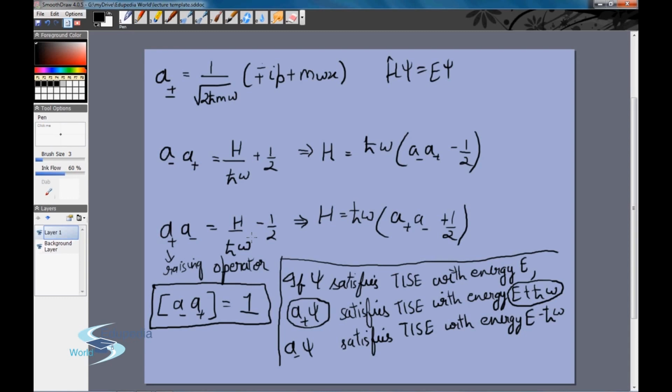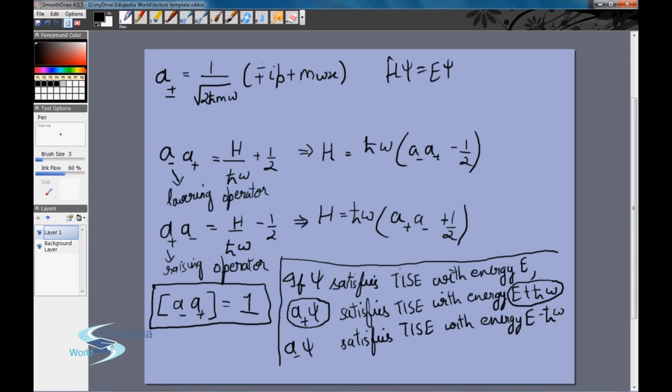So by some method you may have found one solution psi which satisfies the equation with energy E. You just apply the raising operator once and you'll get a new solution which satisfies it with energy E plus h omega. You apply the raising operator again, you get another solution with the energy E plus 2h omega. Similarly, a minus is the lowering operator.